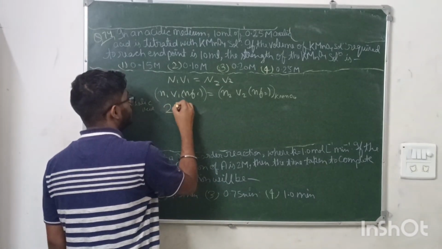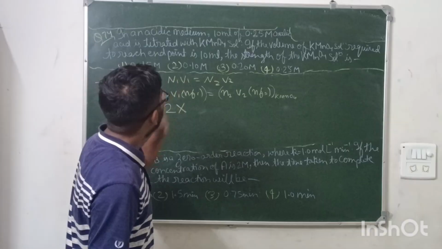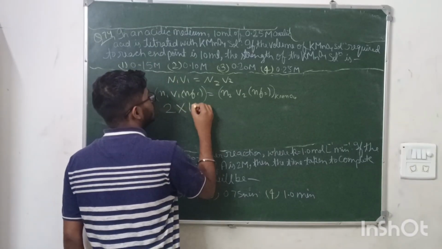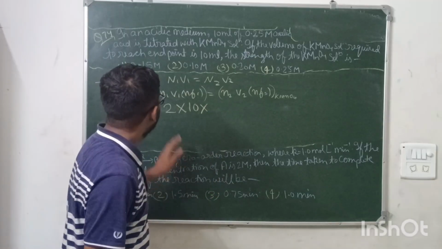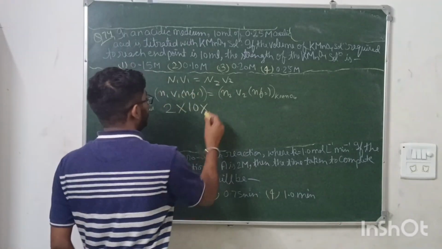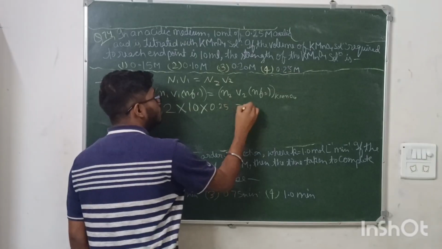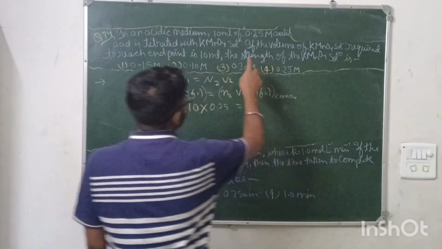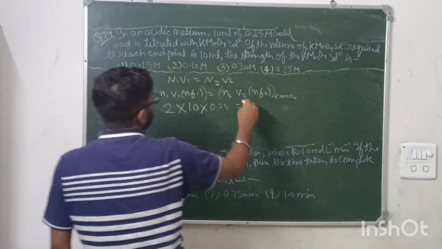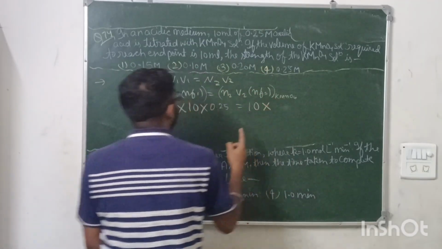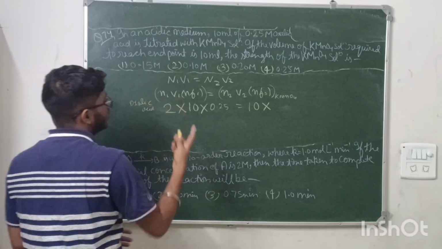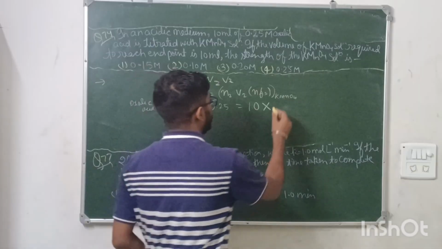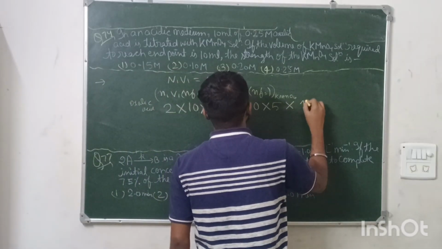So 2 into the volume, which is 10, and the molarity 0.25, is equal to the volume of the solution required, 10, into the N factor for KMnO4 in acidic medium, which is 5, into the strength.